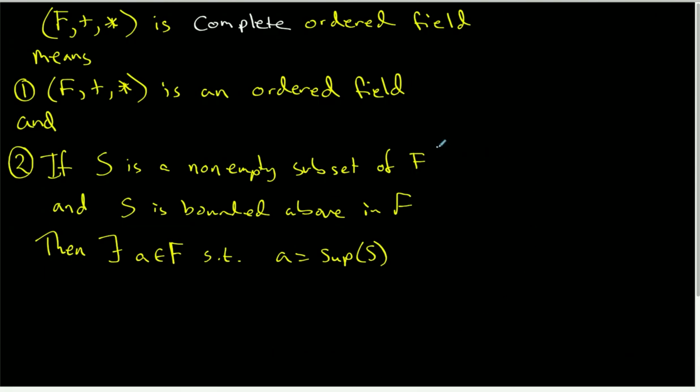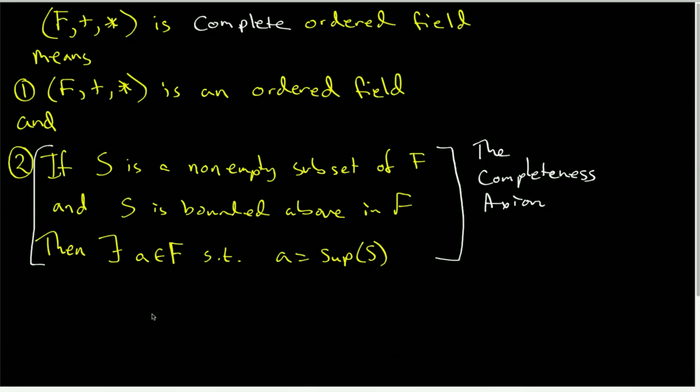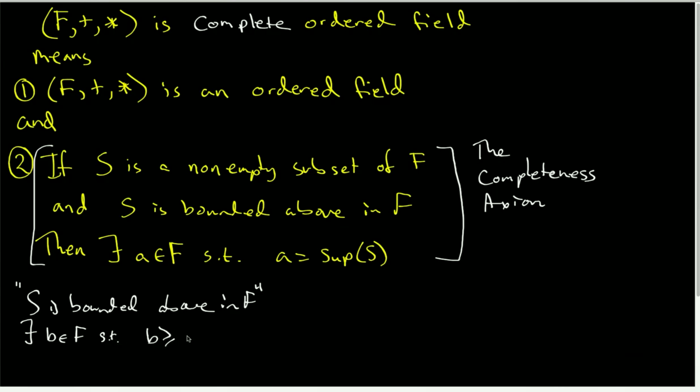It's important to realize that this particular property is usually given the name the completeness axiom. It's also important to understand that S is bounded above in F means there exists a B inside the field F such that B is bigger than or equal to little s for all s's inside the set S. So bounded above means what it always means.